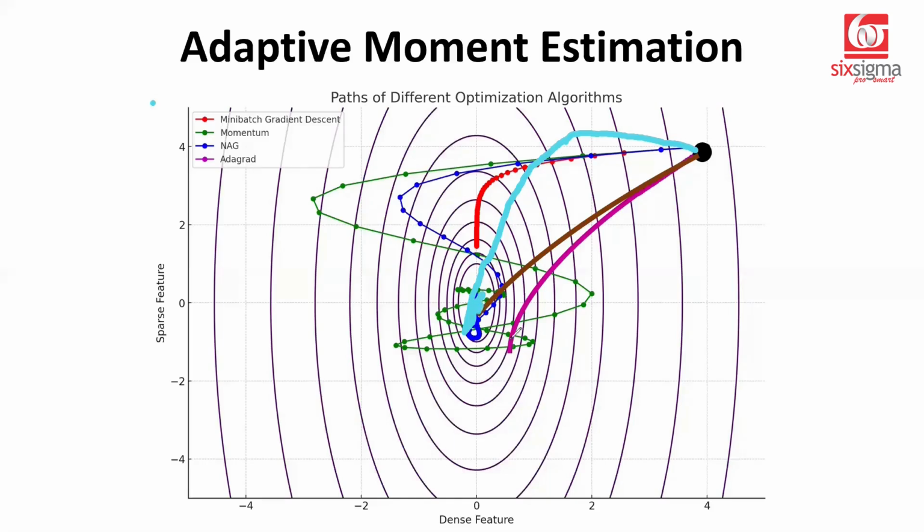Does not die just before the optimal solution, reaches the optimal solution, and also does it faster. Yes, in the process, it may just move a little bit extra and might take some U-turns, but that kind of stays under control. It doesn't continue to update in the direction of the dense features for too long. It kind of optimizes that because of the RMS properties. And it does it faster because of the momentum properties.